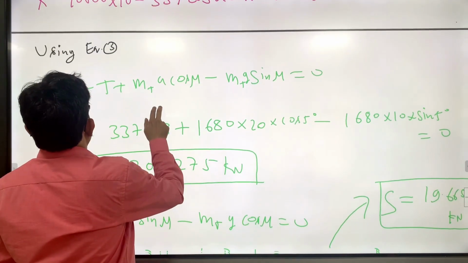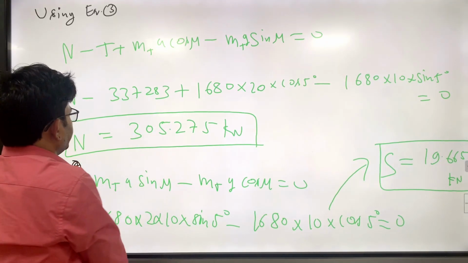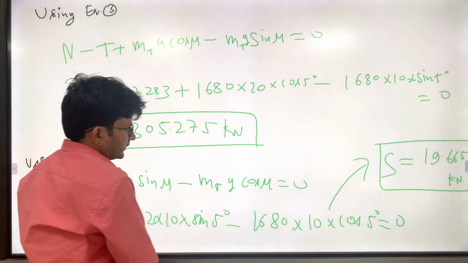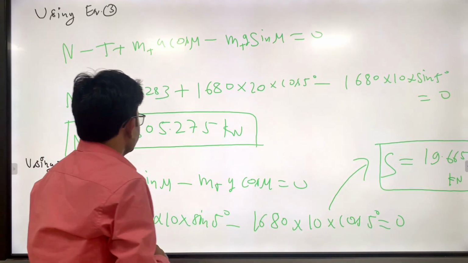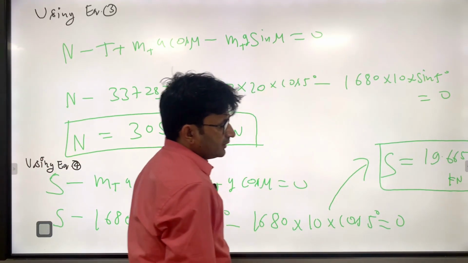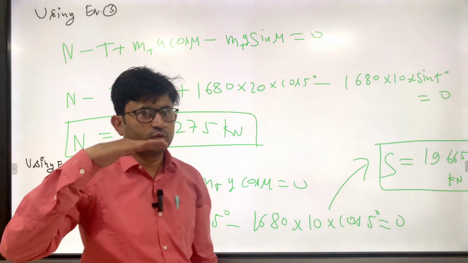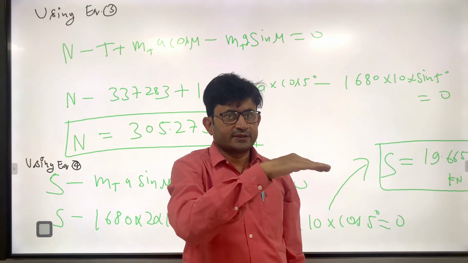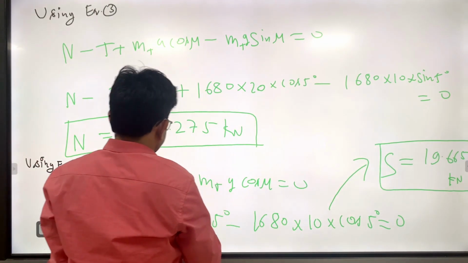And then from equation 3, if you substitute all the values, you will get N equal to 305 kilonewton, and from equation 4 you will get S equal to 19.665 kilonewton. You can see this N is much more compared to the S value, because the body is moving in the horizontal direction, right, and inertia force is in the horizontal direction, right, so that is why you can see that N is much more compared to S.